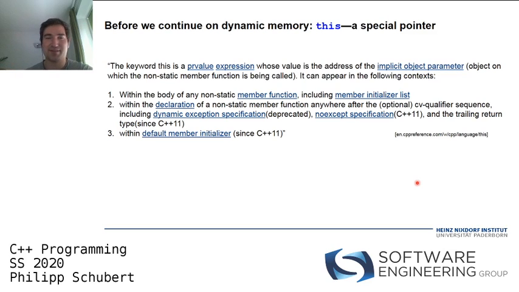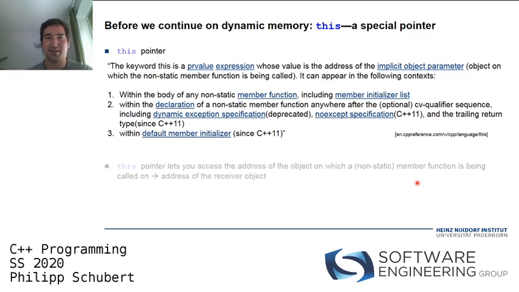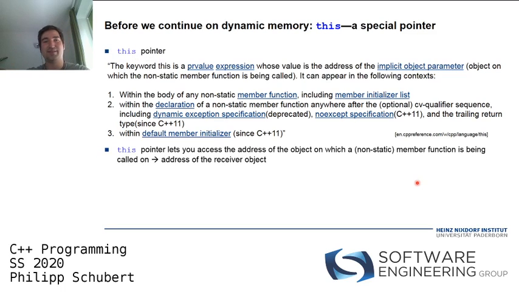All right, what does it mean? If you boil that down, really it is this: the this pointer lets you access the address of the object on which a member function is being called, also known as the address of the receiver object. So again, what does it mean? Imagine you have a vec3 variable v, and that vec3 type has a member function size, which returns 3 because vec3 has 3 entries.